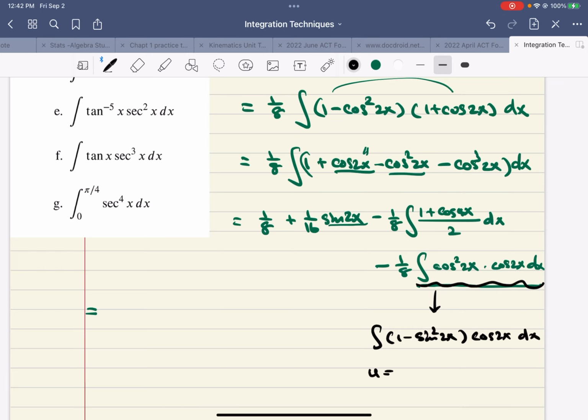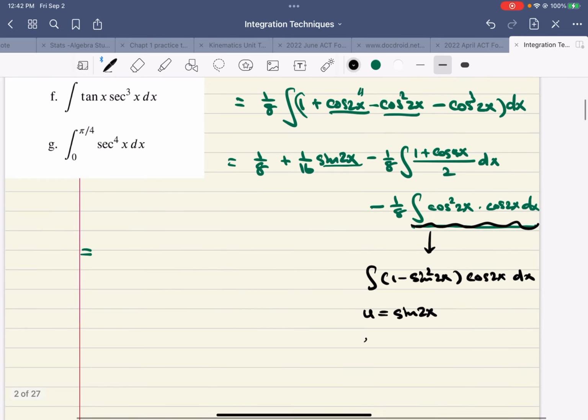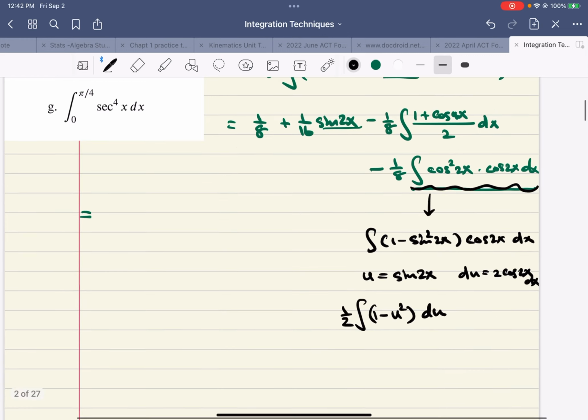So let's say u equals sine 2x, so then it will be 1 minus, so du equals 2 cosine 2x dx, right? Then this one 1 minus u square. Cosine 2x dx is 1/2 du, like that.